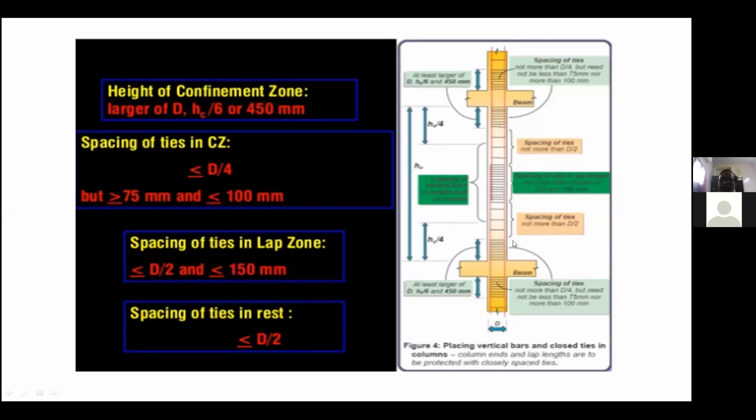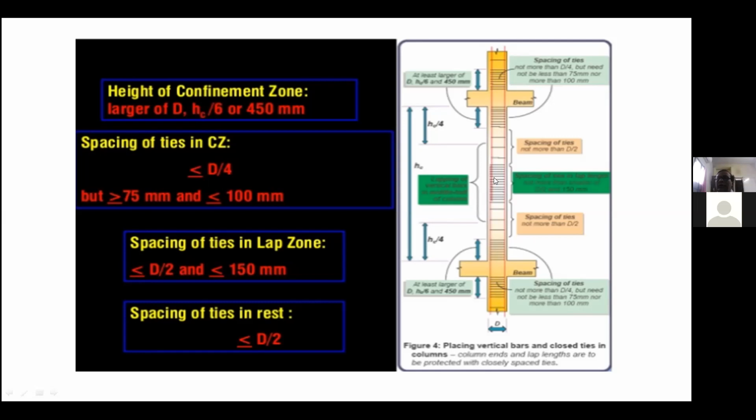It should not be done, because you have seen the bending moment diagram: the bending moment is minimum at the mid zone. So any column, you have to lap only in the middle zone. Because we have done the lapping, you have to provide closer stirrups.